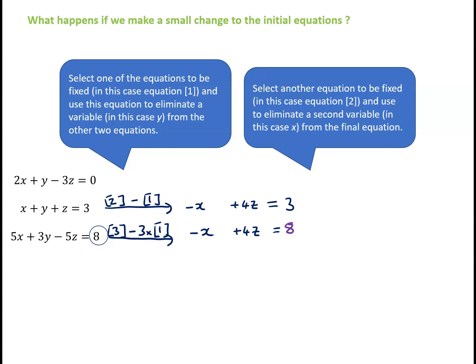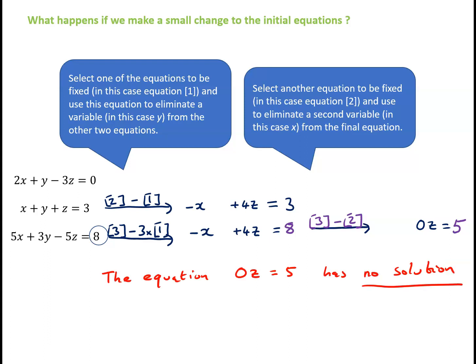And then the final stage gives me that. And this time, my final stage gives me the equation 0z equals 5.